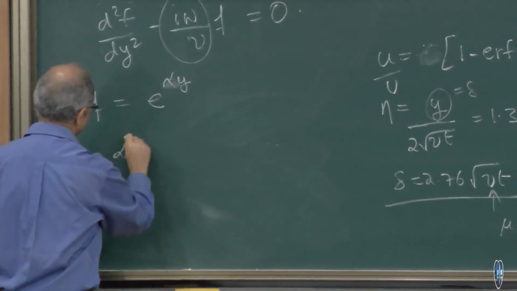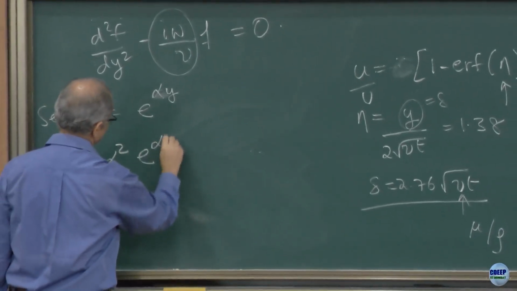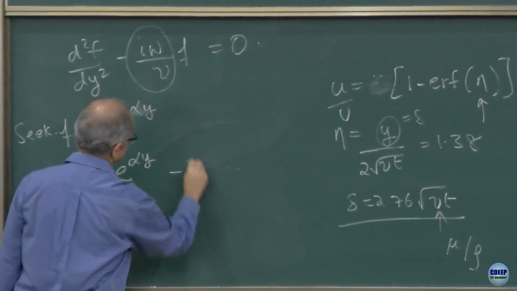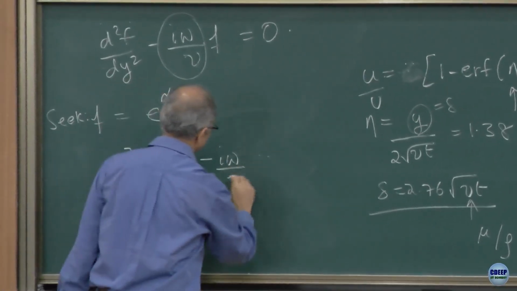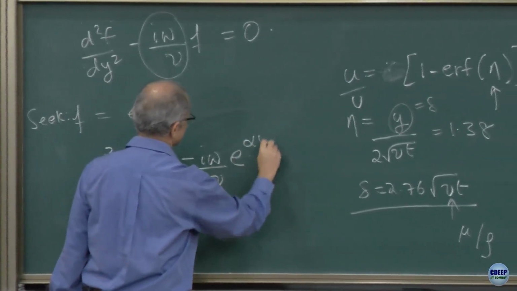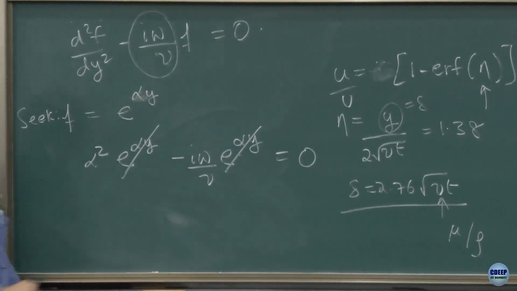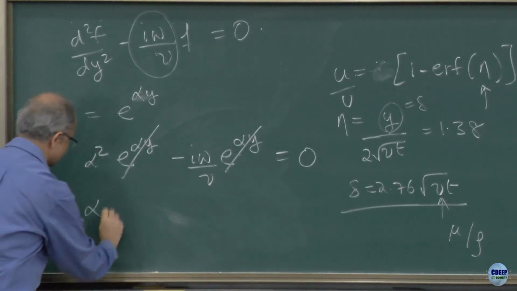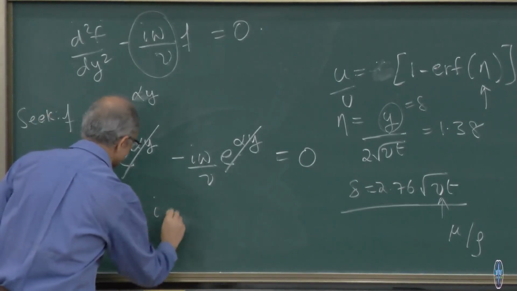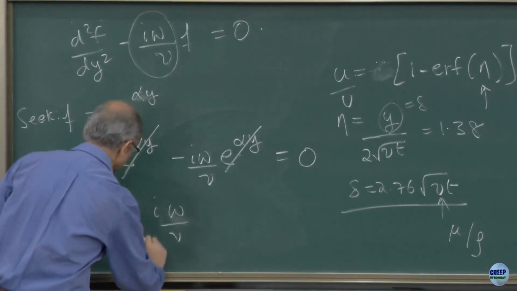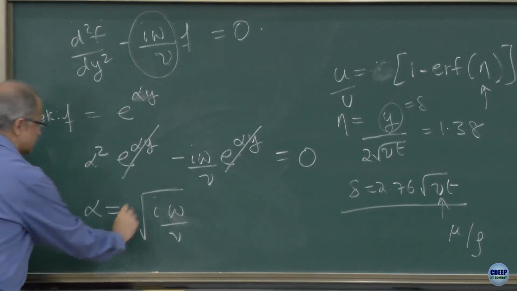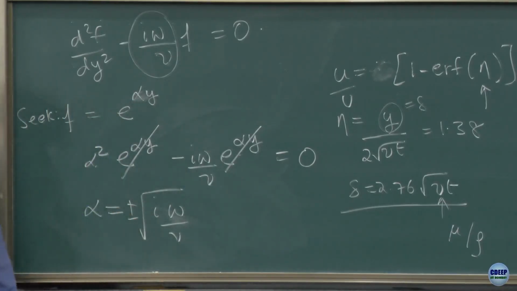I get alpha squared times exponential of alpha y minus i omega upon nu times exponential of alpha y equal to 0, which gives me that these are gone, and therefore alpha is equal to square root of this thing here with a plus minus. I should have two coefficients, so I should now put plus minus in there.